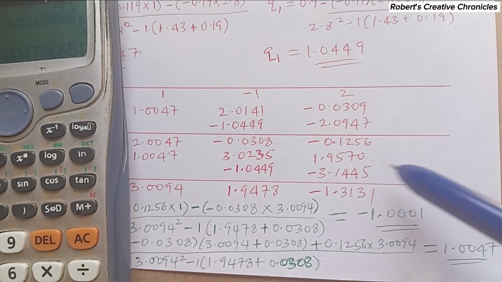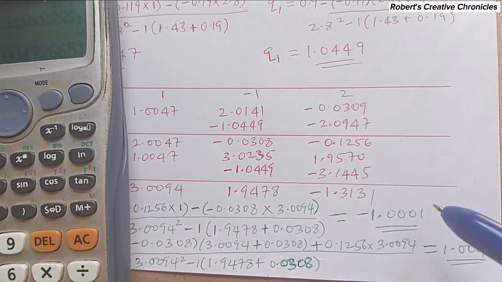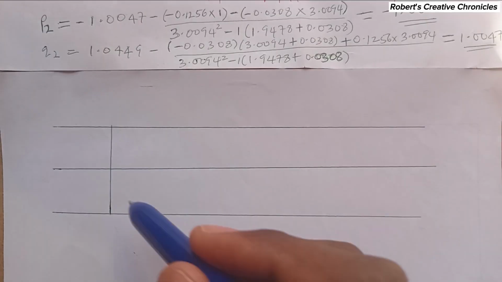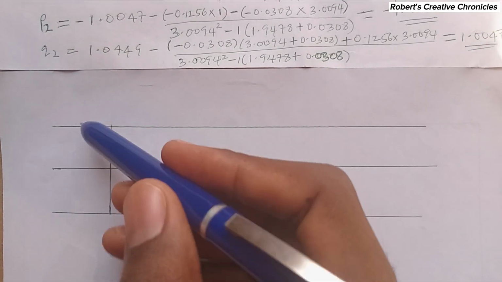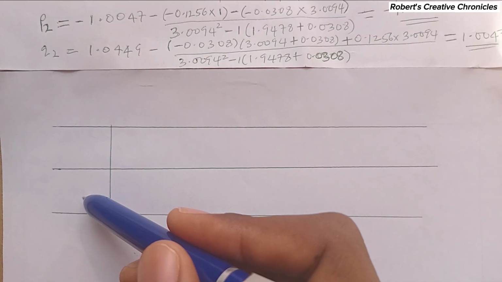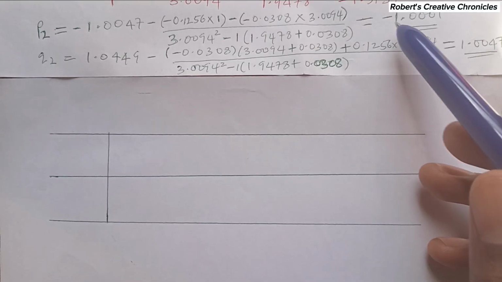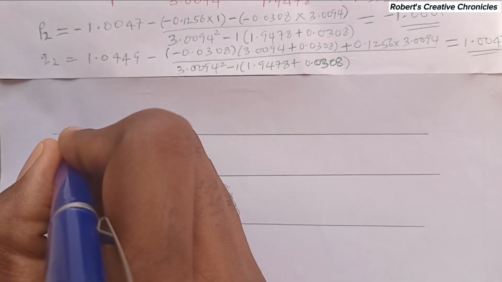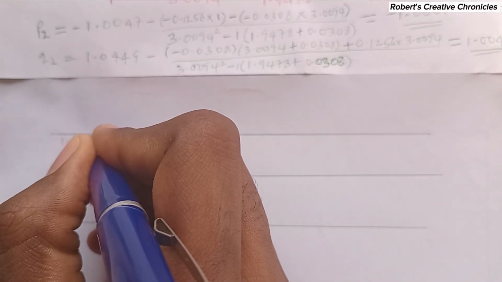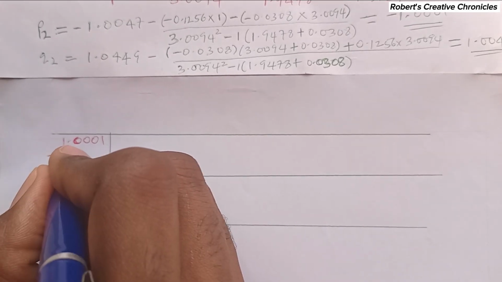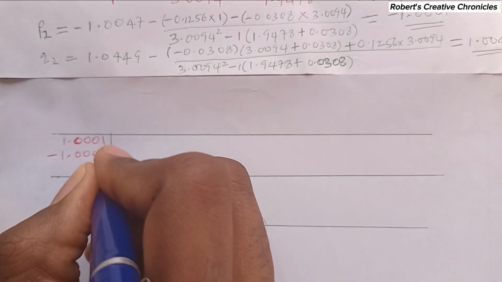We have done the second iteration. Now we are going to do the third and final iteration. We will write P2 and Q2 here, but before that we'll multiply them by negative. So here becomes 1.0001, then here is negative 1.0047.